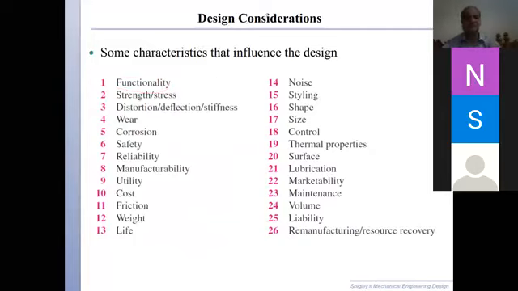We want to make sure that जो डिज़ाइन हमने किया है it should perform its function. ठीक है जी, या ये क्या काम करेगा. We would take that into account. So these are the characteristics that would influence the design.